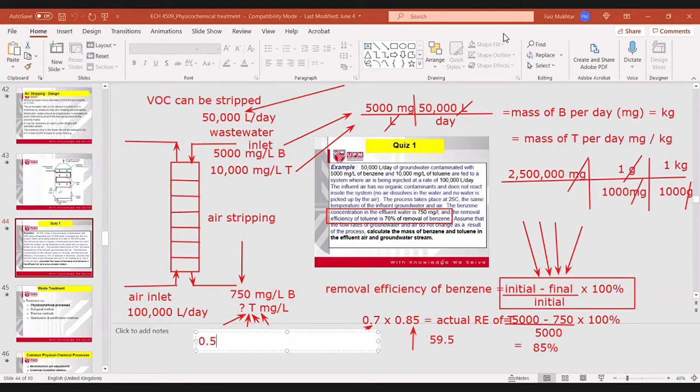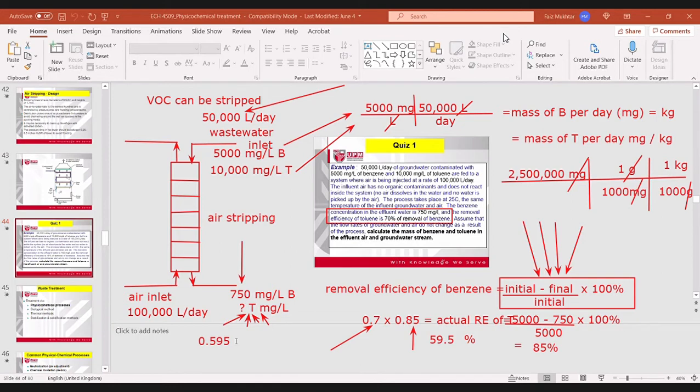That means 0.595. Sorry, this is percent, 59.5%, so I put it over 100.